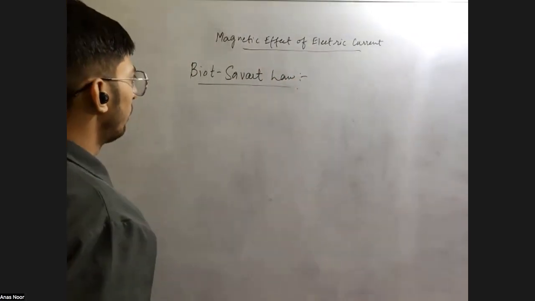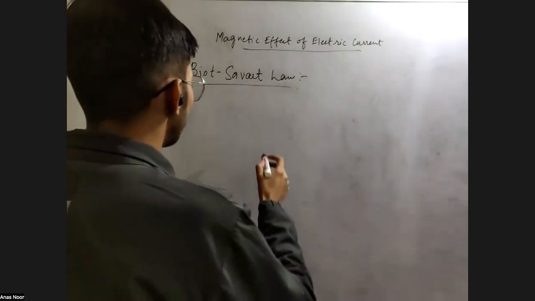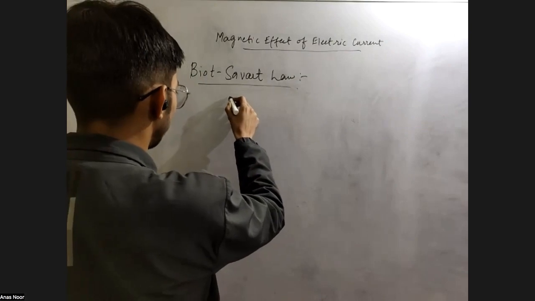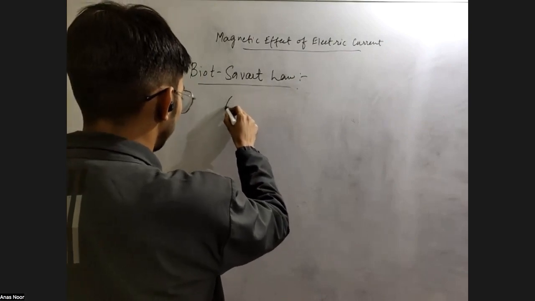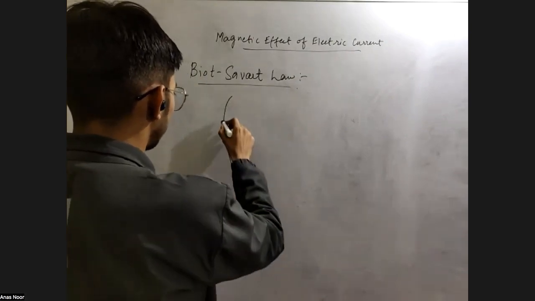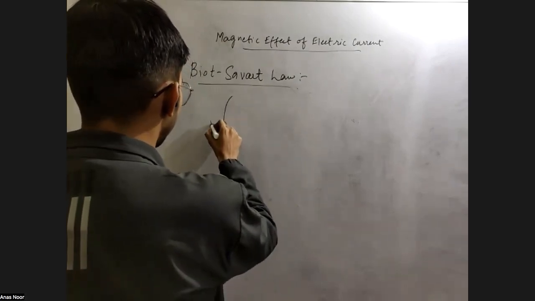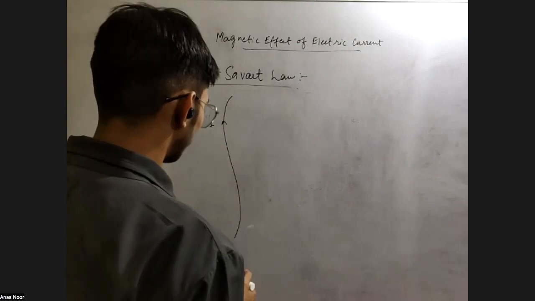So this law is used to find the magnetic field. Suppose we have a wire carrying a current I.